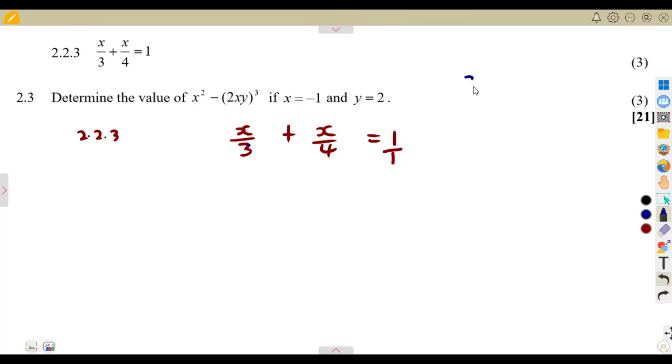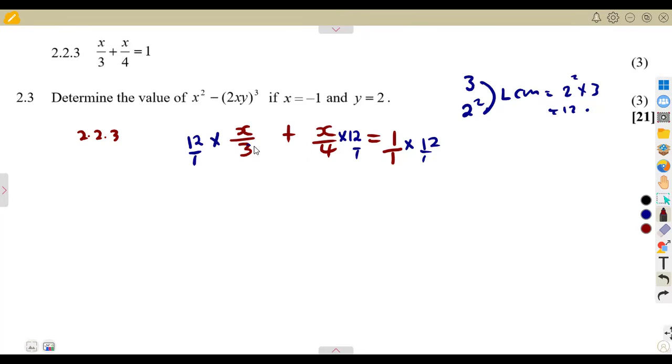Remember how you find the LCM? You're given 3, and 4 is the same as 2 squared. So the LCM is just going to be everything that you have there, which is 2 squared times 3, and that will be 12. So you multiply each and every term by the LCD. 12 is the same as 12 over 1.